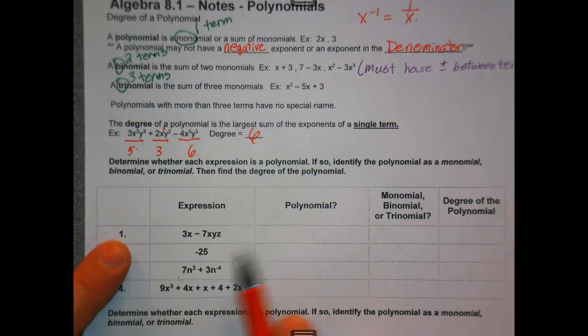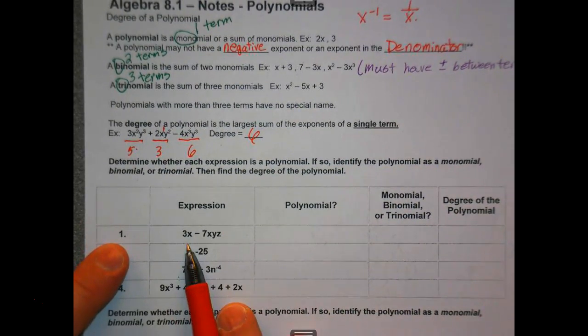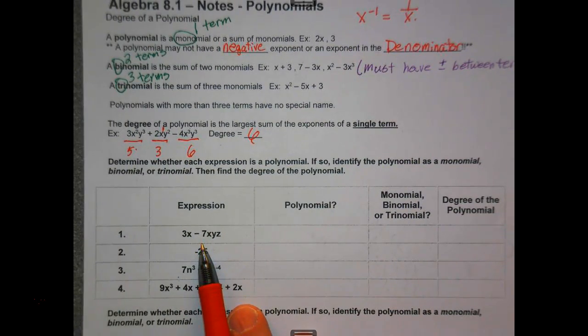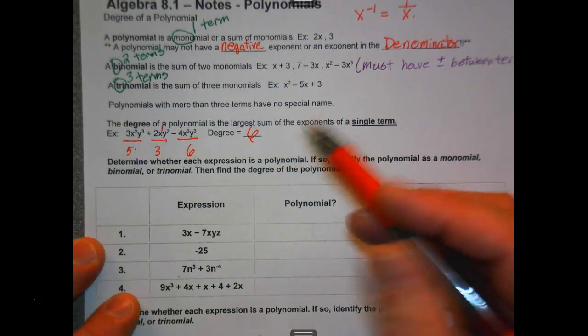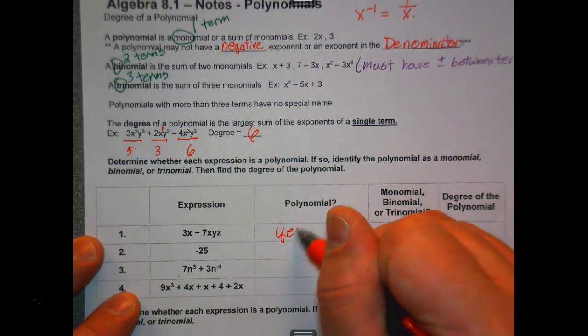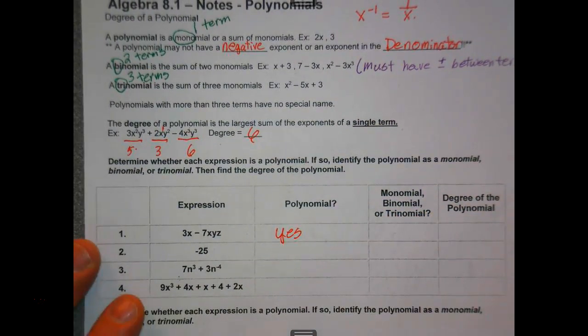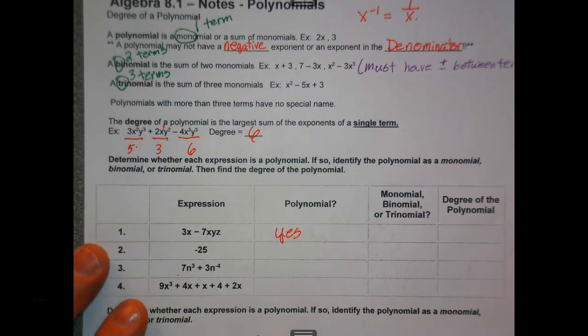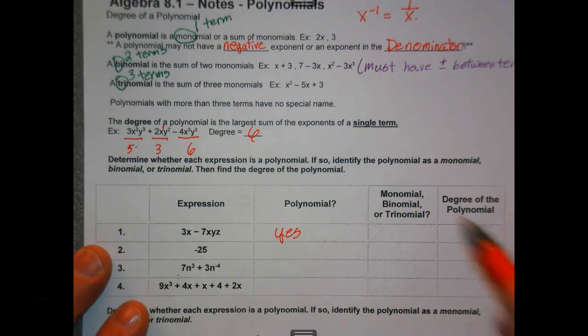All right, number 1. This is an expression. First of all, is this a polynomial? Do I have any negative exponents for the variable or any variables in the denominator? So this is a polynomial. What type of polynomial is this? How many terms do I have? 2, right?